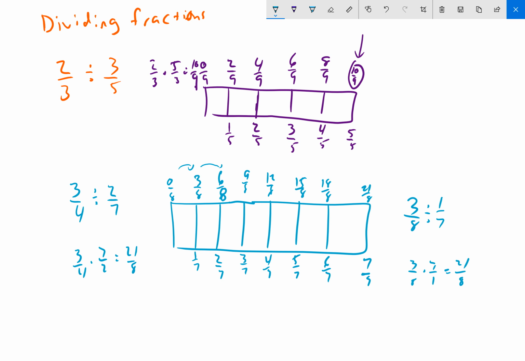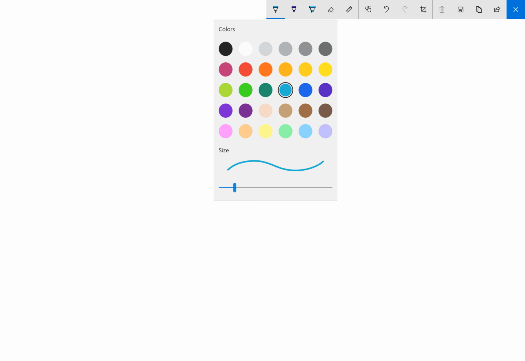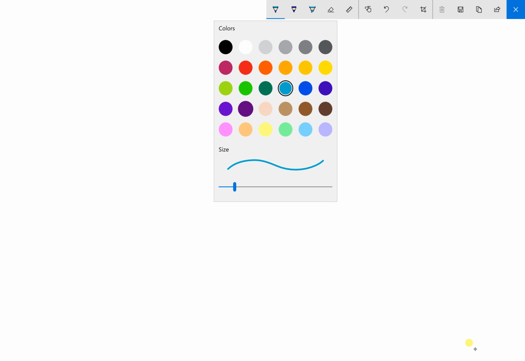I'm going to do one last one. I'm hoping this is going to bite me in the rear. Now, I haven't actually tried this before, but I'm just going to give it a go. If I had 4/5 divided by 5/3.